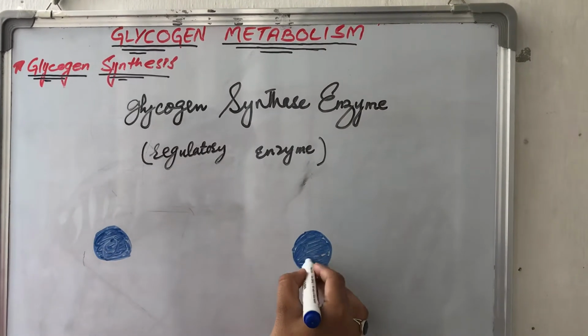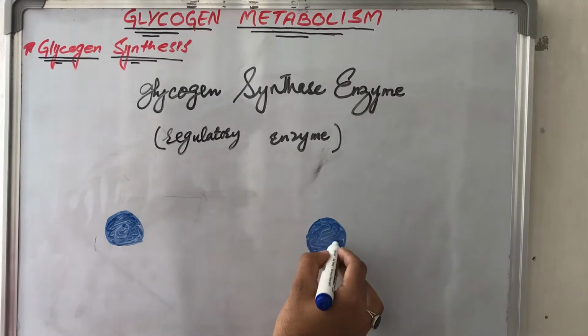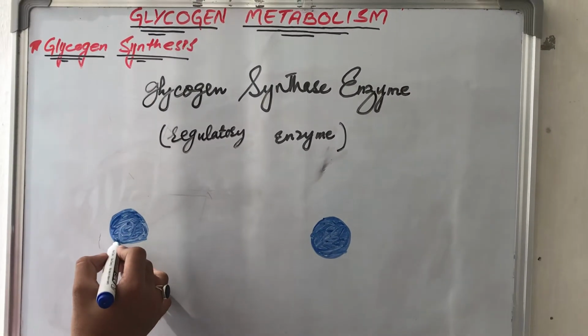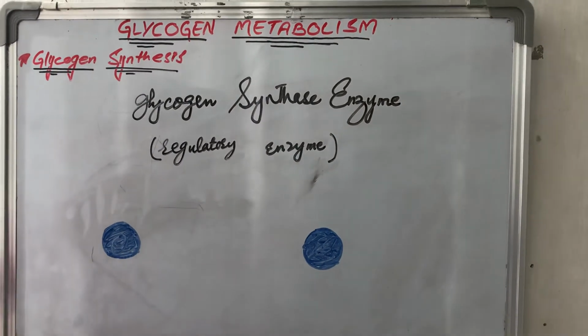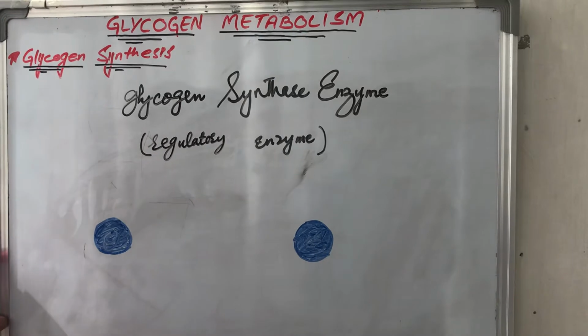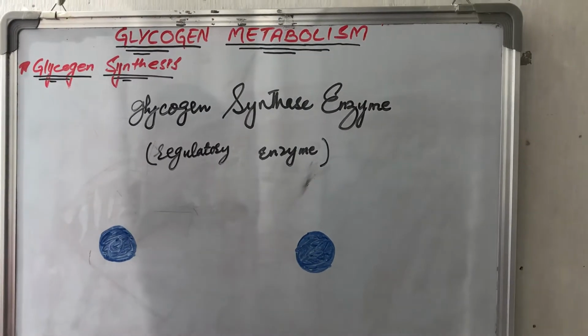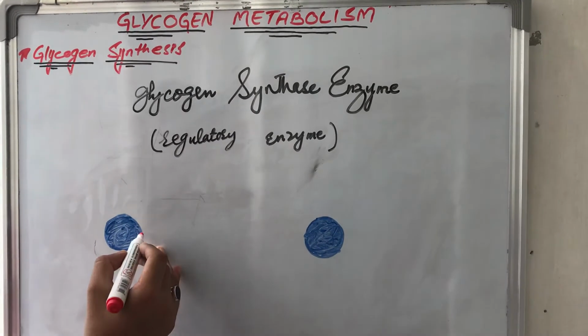And as we know, different enzymes and hormones help in the activation of this enzyme. So here we can say that phosphorylation and dephosphorylation play an important role in the activation and inactivation of different enzymes. For example, here the glycogen synthase enzyme is phosphorylated.